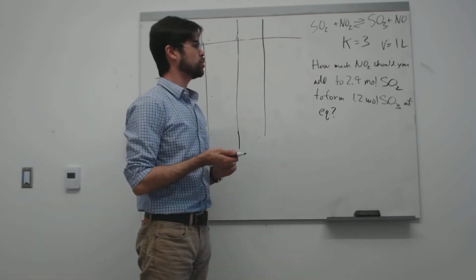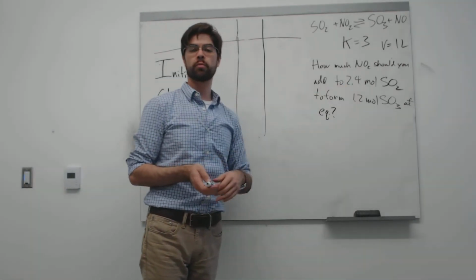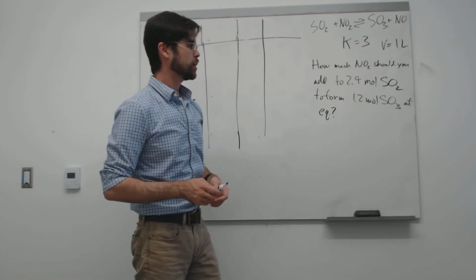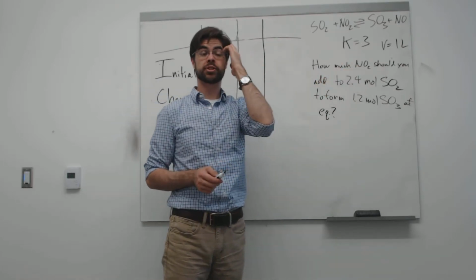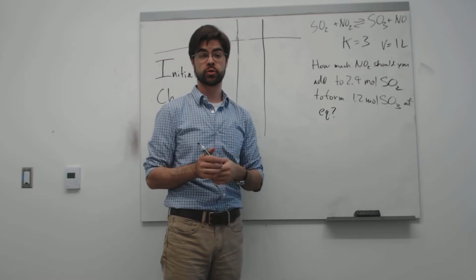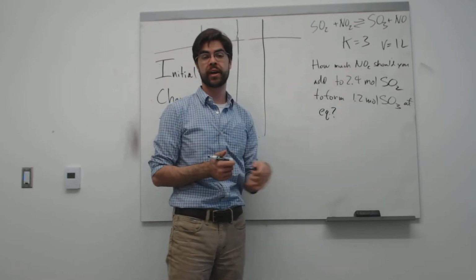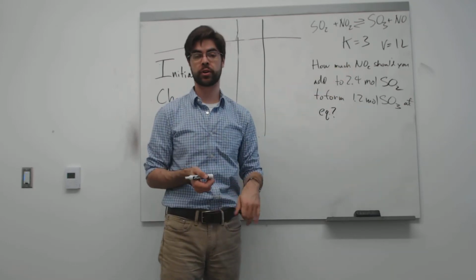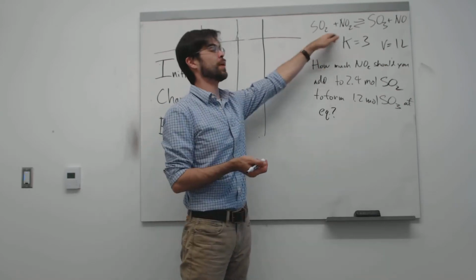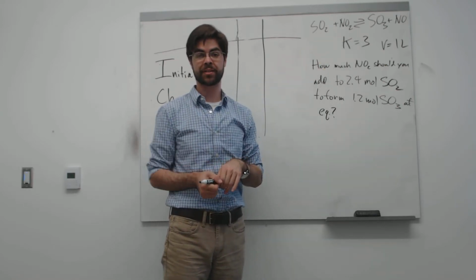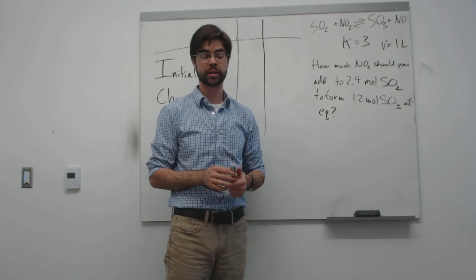All right, so let me just run through that again. The idea here is you are starting with 2.4 moles of sulfur dioxide. You are going to add some nitrogen dioxide, and then the reaction goes forward. If you don't add any nitrogen dioxide, the reaction is not going to shift at all, because you're missing one of your reactants, so there's no way you can produce any products.